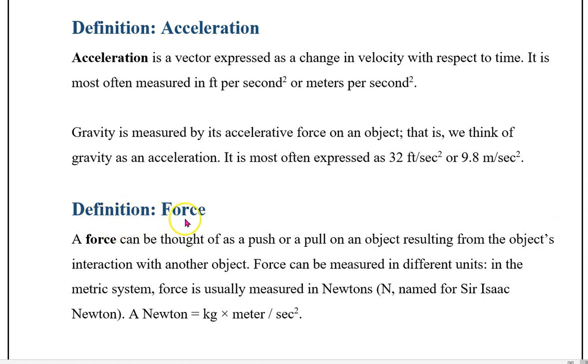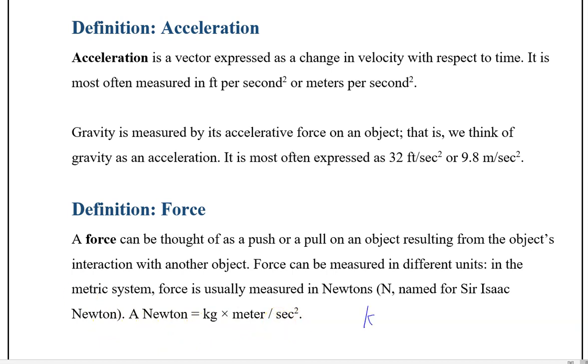Let's think about what force is. It's a push or a pull on an object resulting from the object's interaction with another object. It can be measured in different units. In the metric system, force is usually measured in newtons, capital letter N, named for Sir Isaac Newton. A newton is a kilogram times a meter divided by seconds squared.